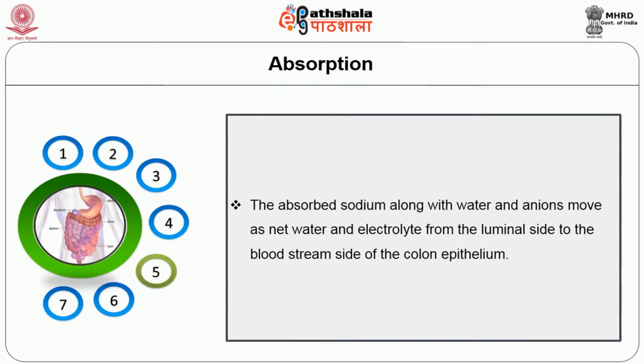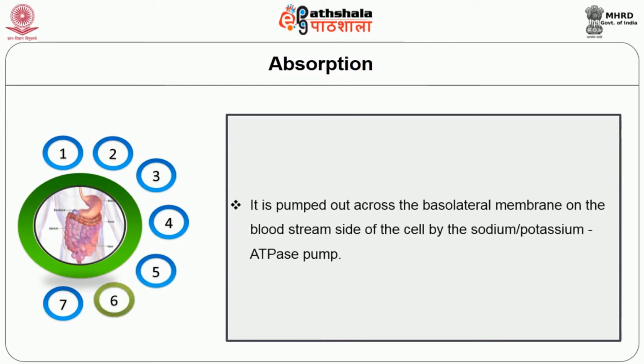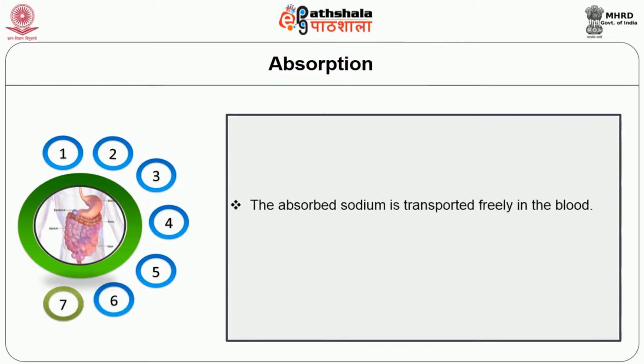The absorbed sodium, along with water and anion, moves as net water and electrolyte from the luminal side to the bloodstream side of the colon epithelium. It is pumped out across the basolateral membrane on the bloodstream side of the cell by the sodium-potassium ATPase pump.